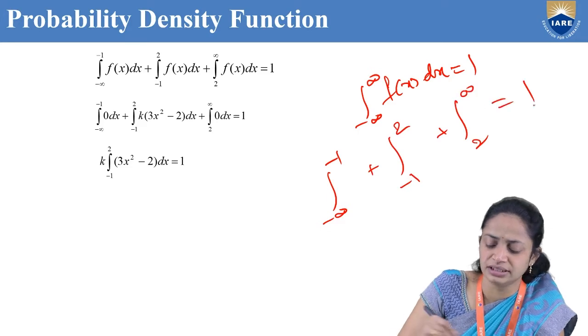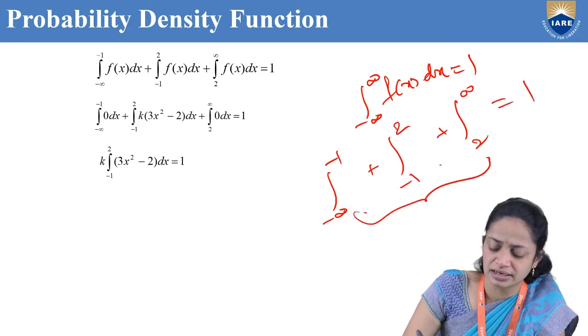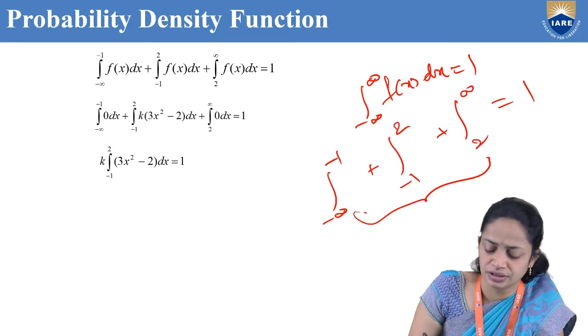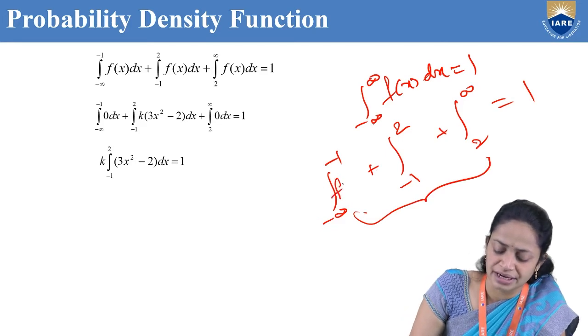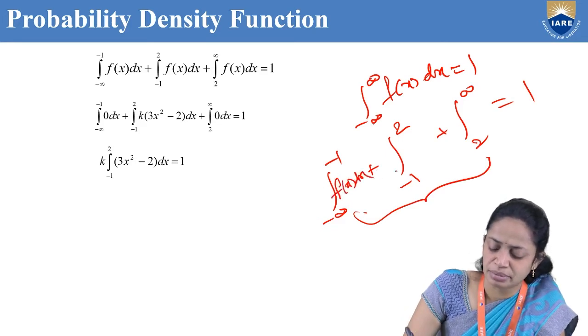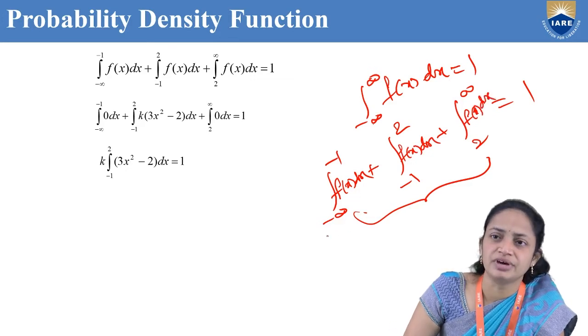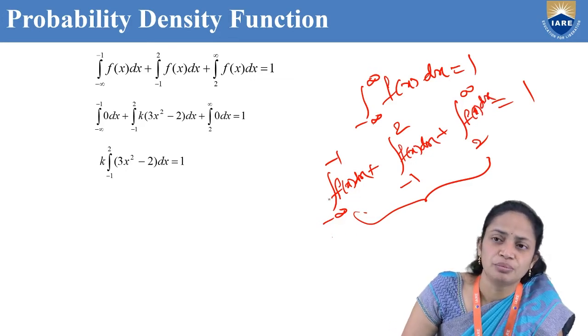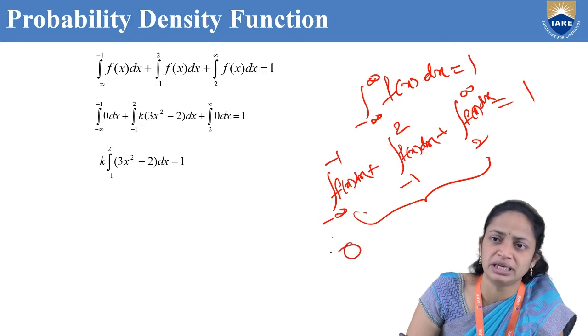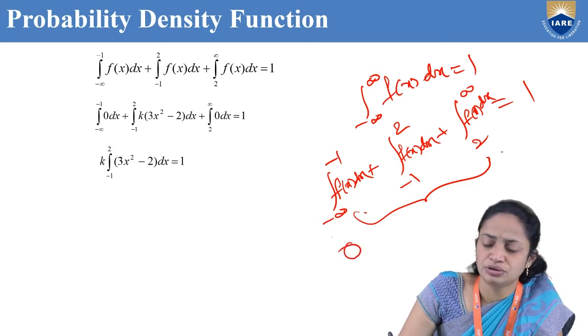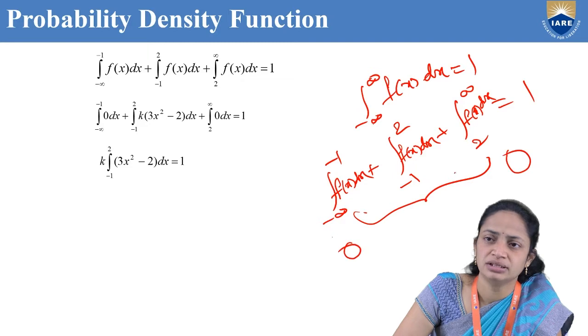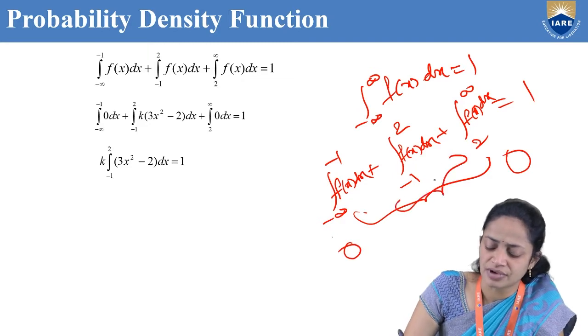So the integral is minus infinity to minus 1 of f of x dx, plus minus 1 to 2 of f of x dx, plus 2 to infinity of f of x dx. Already we know that from minus infinity to minus 1 the function will be 0, and from 2 to infinity the function will be 0. And here the function will exist.